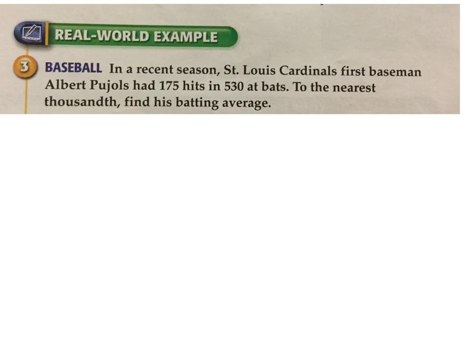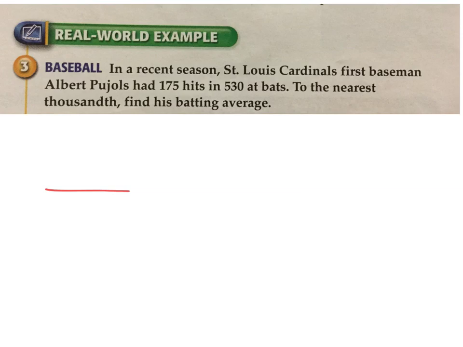Okay, now let's work this one. In a recent season, St. Louis Cardinals first baseman Albert Pujols had 175 hits in 530 at-bats. He wasn't too recent because he hasn't played for the Cardinals for like 8 years. But anyways, to the nearest 1,000th, find his batting average. So how do we find batting average?